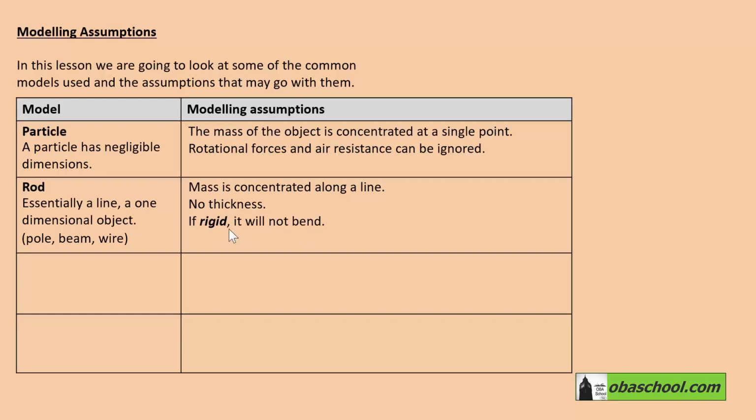So rigid is an extra assumption that we could make here. So it might be represented in a diagram like this. If it has weight, then there'll be a point along here called the centre of mass, where we consider all of the weight of the object to be. So it's called a centre of mass, all the mass is considered here, and then when you apply gravity, that becomes weight.